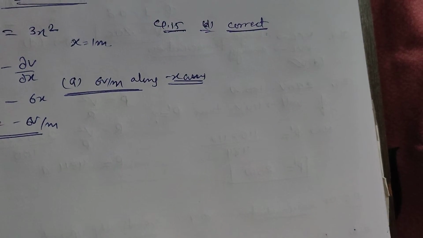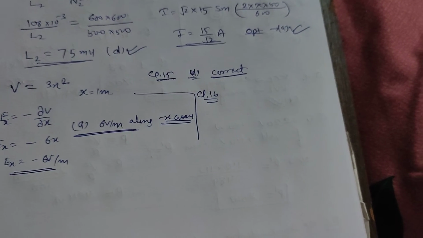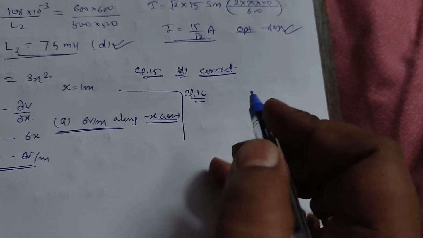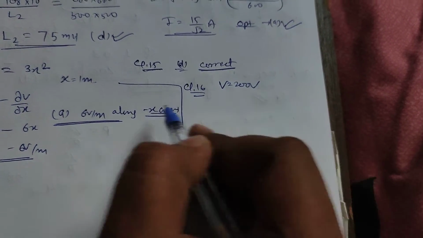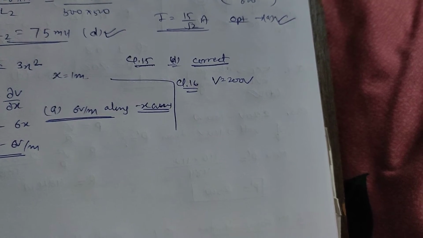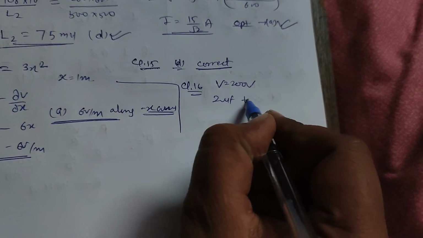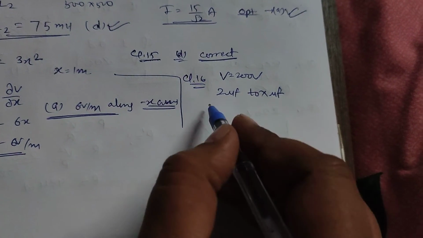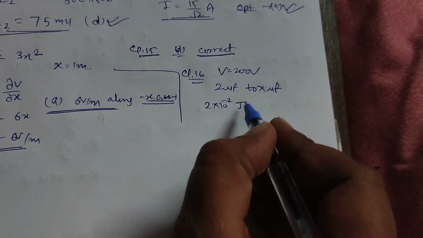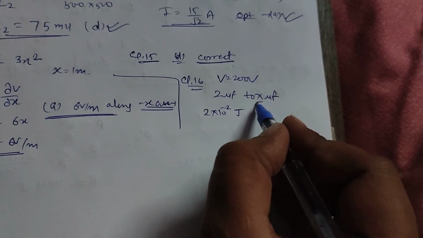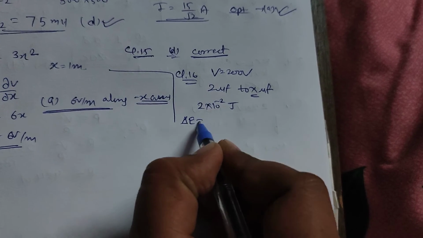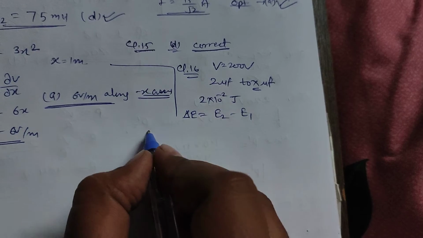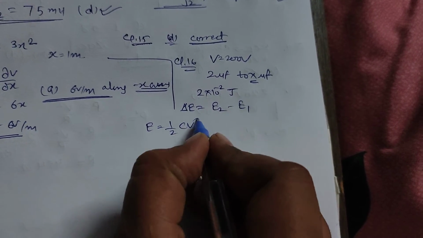In question number 16, the variable capacitance is connected to a 200 volt battery, then V is equal to 200 volt, and the capacitance changes from 2 microfarad to X microfarad, and the energy change is 2 into 10 to the power minus 2 joule. So find the value of X. It is very simple. Change in energy is equal to E2 minus E1, and energy of a capacitor is given by half C V square.